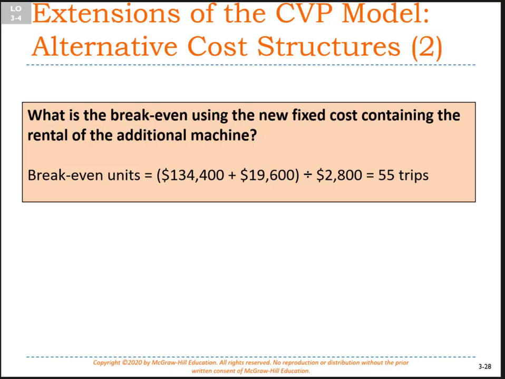And then there'll be another cost that might kick in, another step cost. So you're going to have some homework where you will have to consider what the fixed costs are for a certain range of volume, and calculate a break-even point.